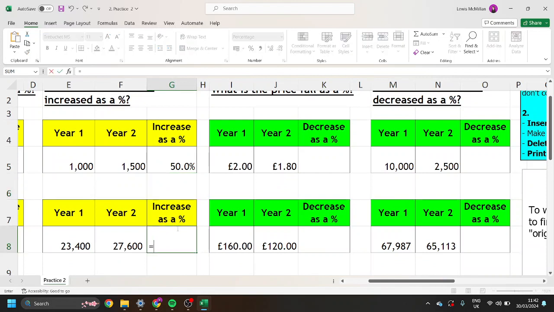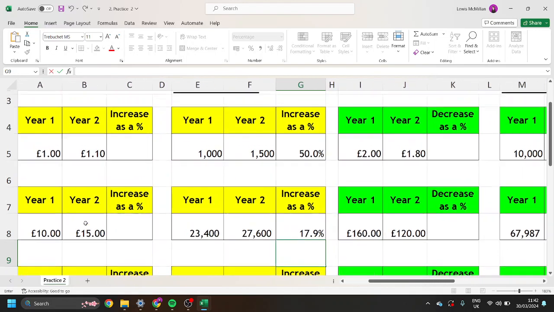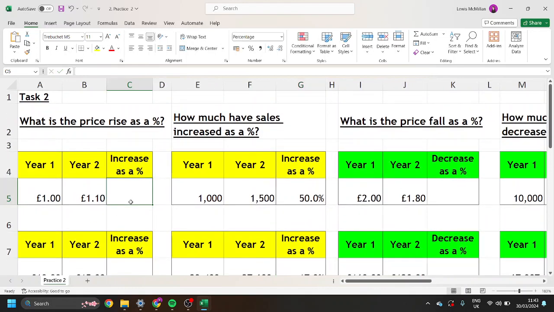Again, we're looking for you to do that all the way down. 27,600 take away 23,400 and divide that by the original to get 17.9%.